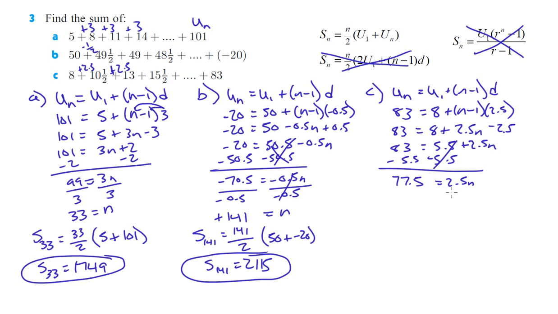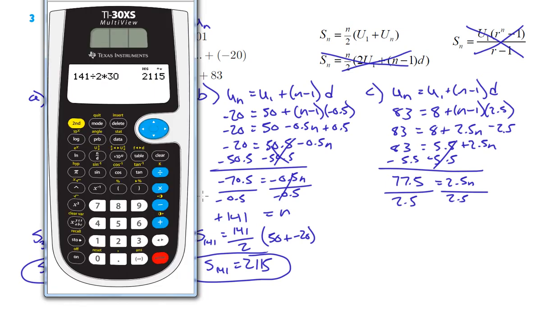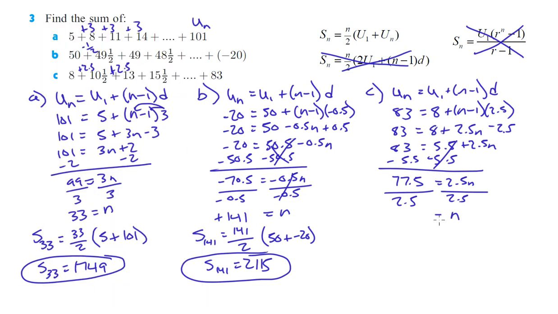Yep. Then we're going to want to divide by 2.5 on both sides. So we take 77.5 divided by 2.5, and we get that 83 is the 31st term.